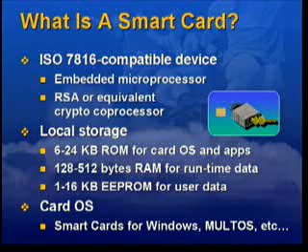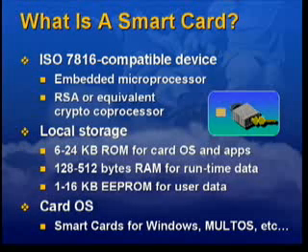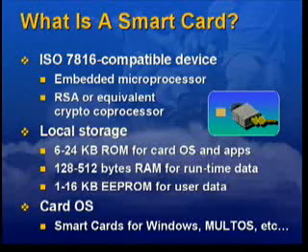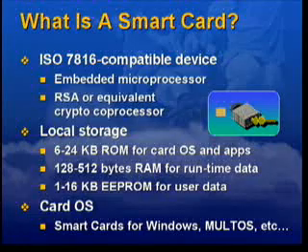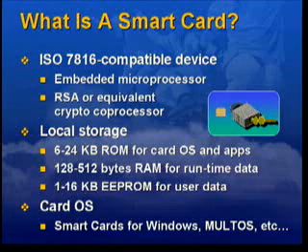Usually smart cards have a CPU equivalent to an IBM PC, about a quarter of a MIP or so. In many cases, they have RSA cryptography processors to do some very basic cryptography operations. They're not used for bulk data encryption. They have 24K of ROM, where you can have DOS and applications.